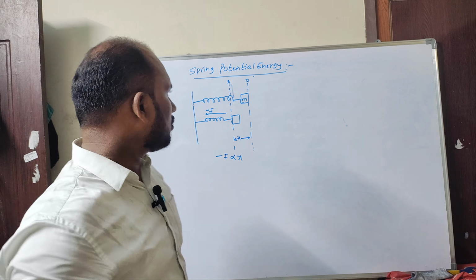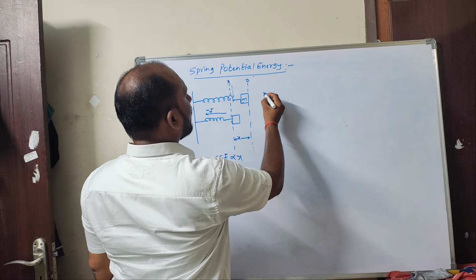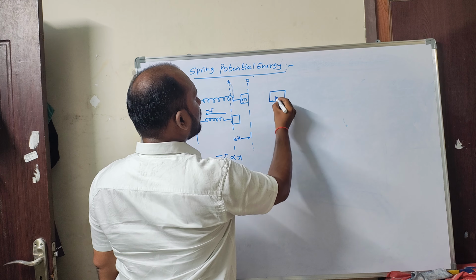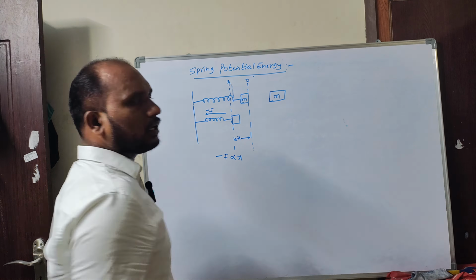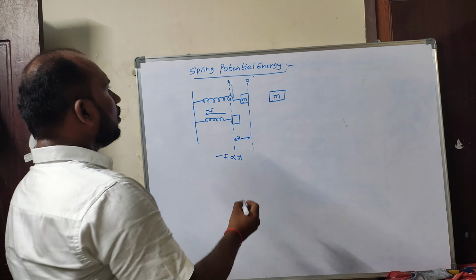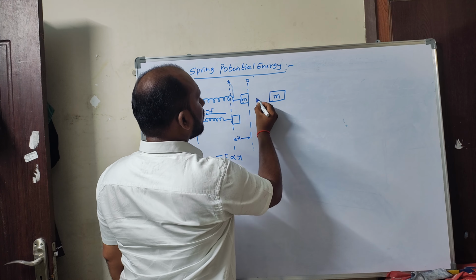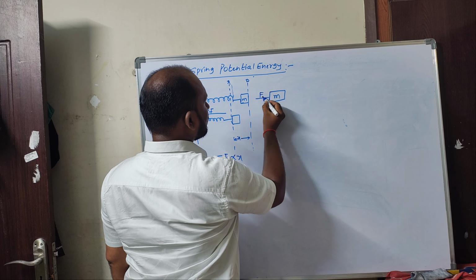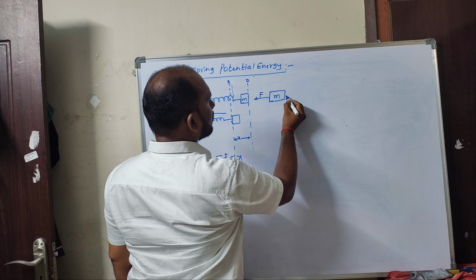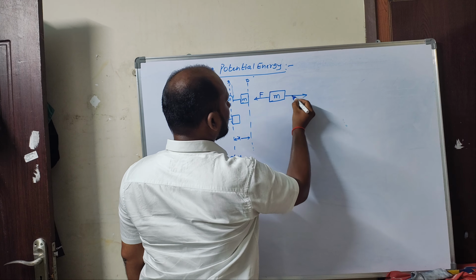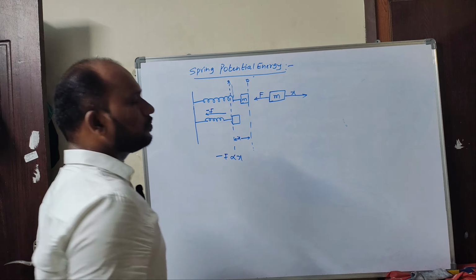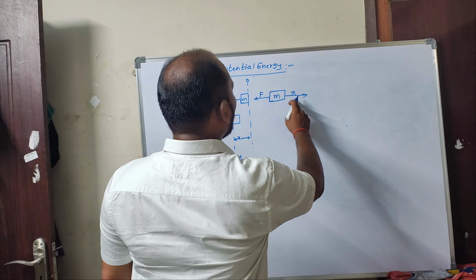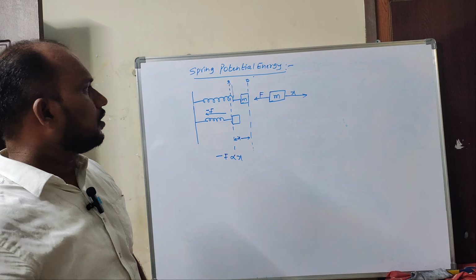So I draw a free body diagram for this. Let us say M is the block here. Displacement happens in this direction, and the force F experienced is in the opposite direction.